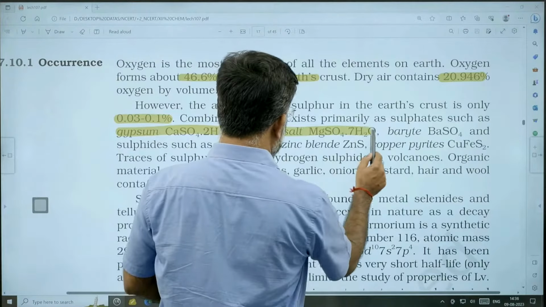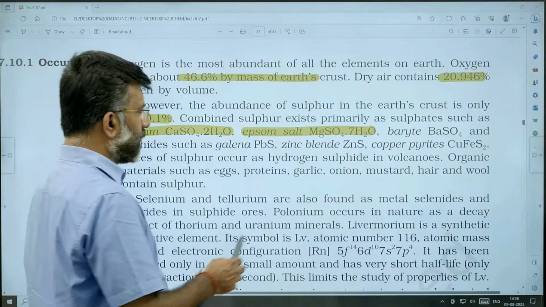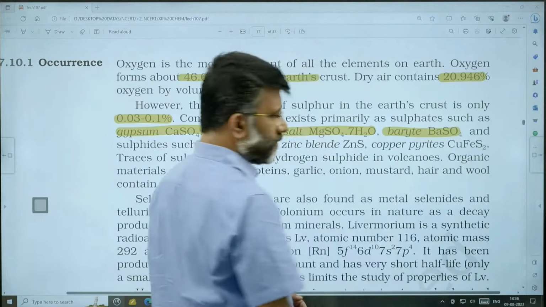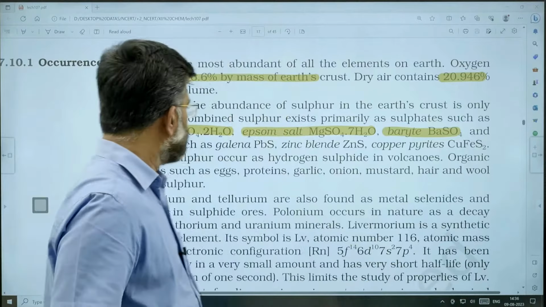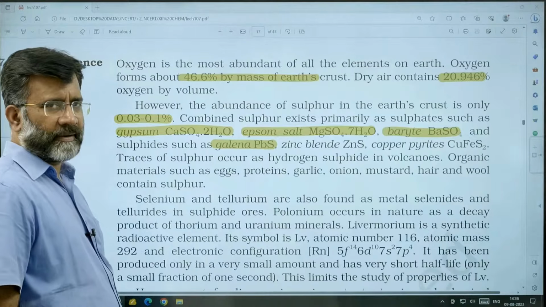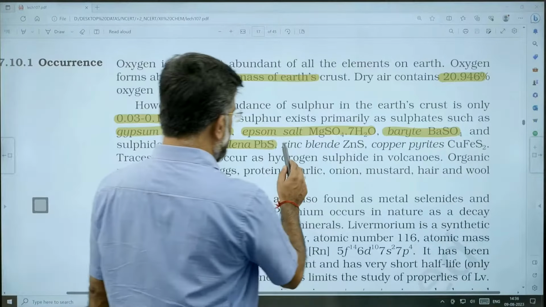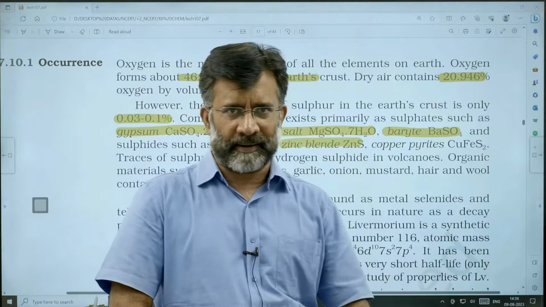Epsom salt, magnesium sulfate heptahydrate. Barite, barium sulfate, also called barium meal. Galena, lead sulfide. Zinc blende, also called sphalerite, zinc sulfide.